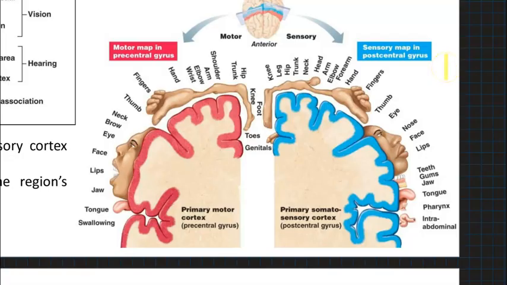So like you're looking from the front, for example. And on the right, you can see the regions that receive signals from different body parts. So let's start with the motor part. So here, that part controls the muscles of your trunk. Okay?